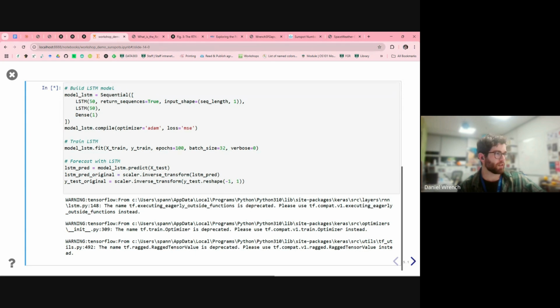So you can specify the optimizer, your loss function, and so on. Plenty of hyperparameters to tune, as always. So again, this is being fed in sequences of our sunspot data. So we've cut it up, we have a bunch of training data, and then the last value is the target value, the Y value, because we're trying to predict the next value.